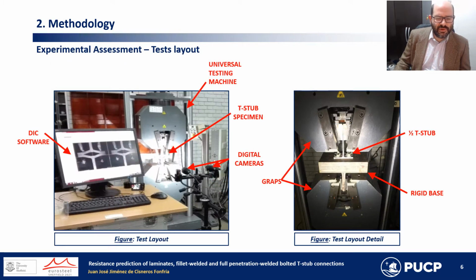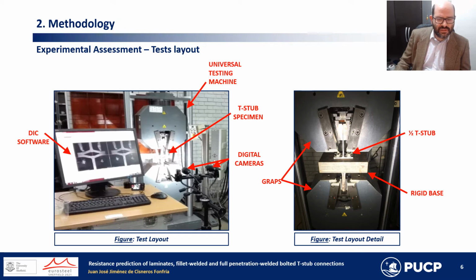Tests were performed in a universal testing machine. Specimens are symmetric, so only a half, bolted and supported to a stiff part, can be tested. A rigid base was manufactured where each T-profile was bolted and tensioned. The data registered in each test is the load applied and the displacement of the moving cross head.